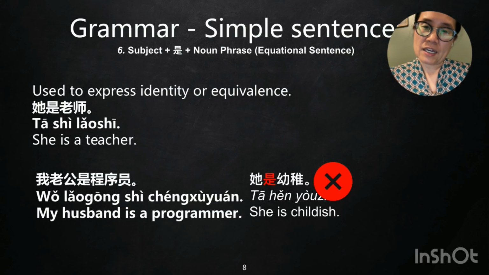For example, 他是老师, she is a teacher. 我老公是程序员. My husband is a programmer. But notice that the sentence on the right, 他是幼稚. This is wrong because 幼稚, like childish, is an adjective. So when there's an adjective, we don't use the be verb 是, right? We only use the be verb when we express the identity of somebody.